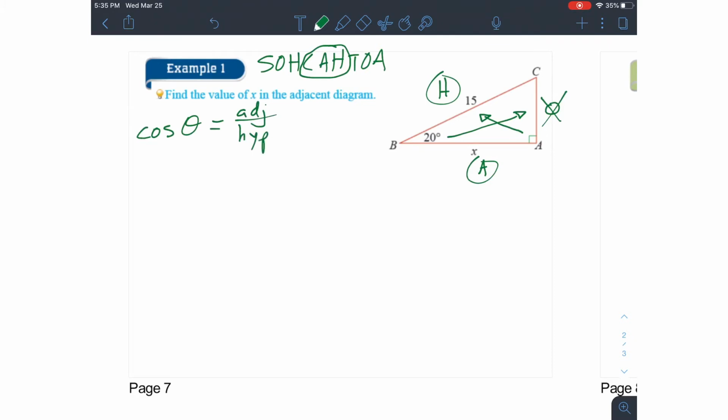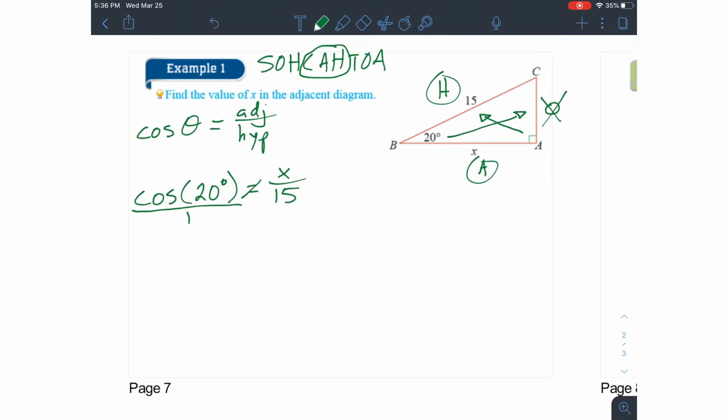And now we're just going to fill in the values that we have. Our angle is 20 degrees, so it's cosine of 20. The adjacent side is x, and the hypotenuse is 15. So we're going to put x over 15. Now, when I've taught this in the past, there's been a lot of confusion with how we are supposed to solve this. So I do this every single time whenever I'm teaching it. I take my cosine of 20 and I put it over 1.